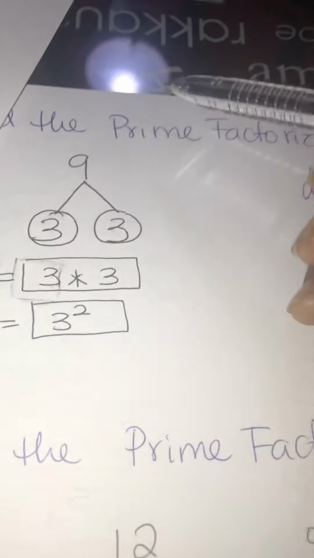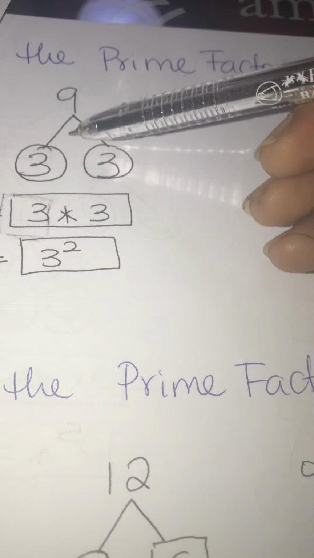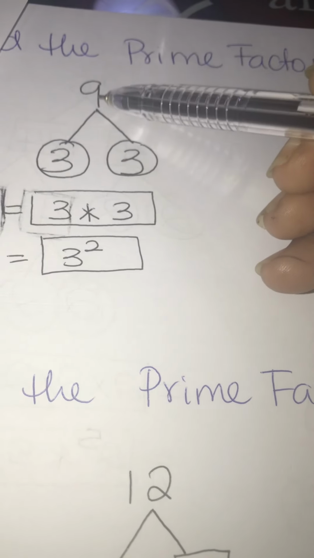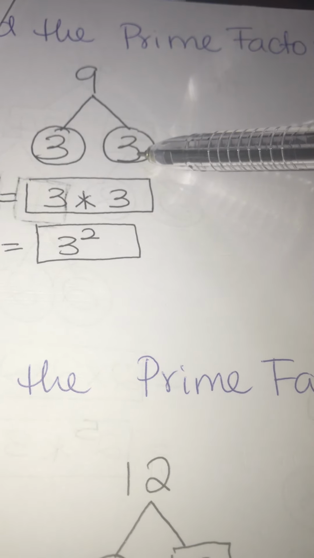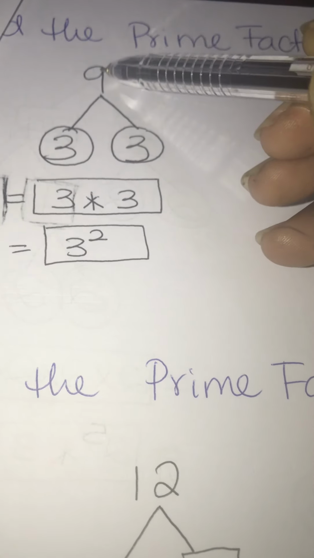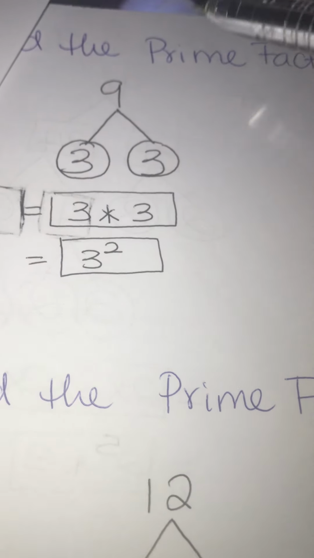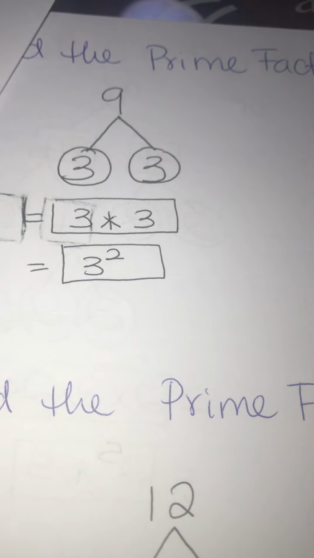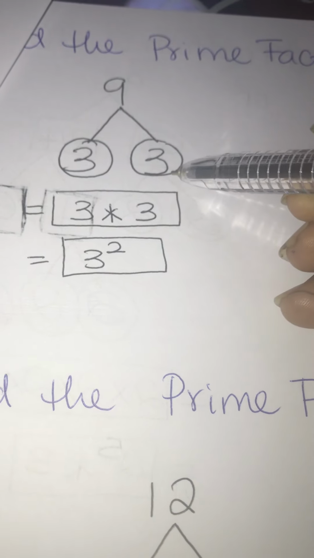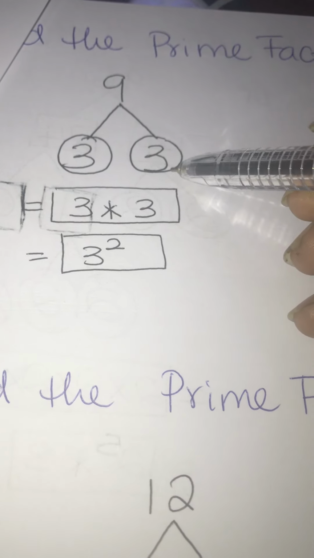Okay? Now, let us look for the prime factorization of 9. 9 is gotten by multiplying 3 times 3. Do you see that? The question was 9, and then I asked myself, what two numbers can I multiply that will give me 9? 3 times 3. Okay?